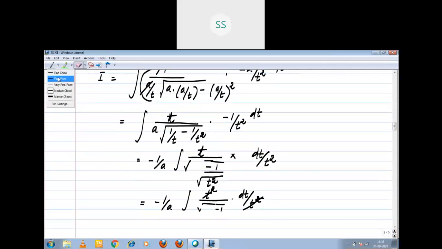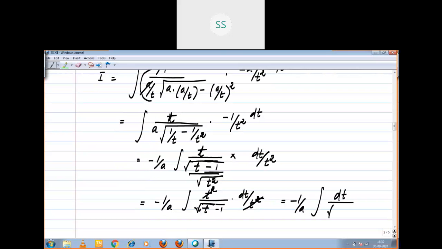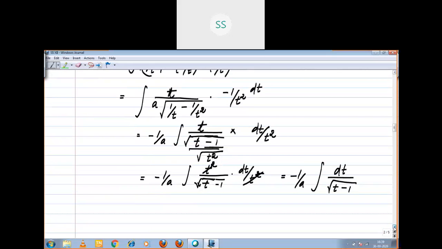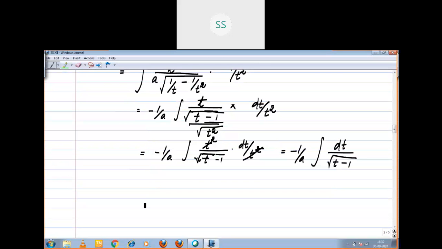a square by t minus a square by t. Then if you are taking t square out, t only it is, then here a cancels, t minus 1. One minute.